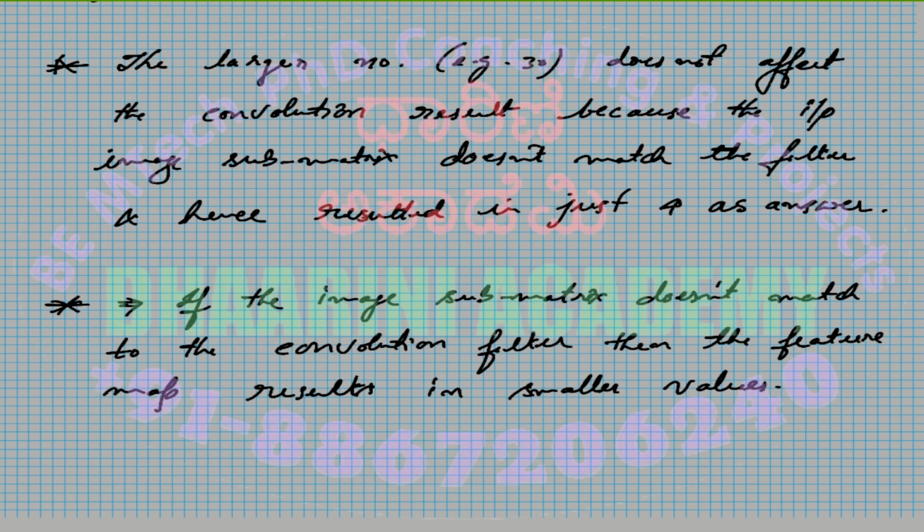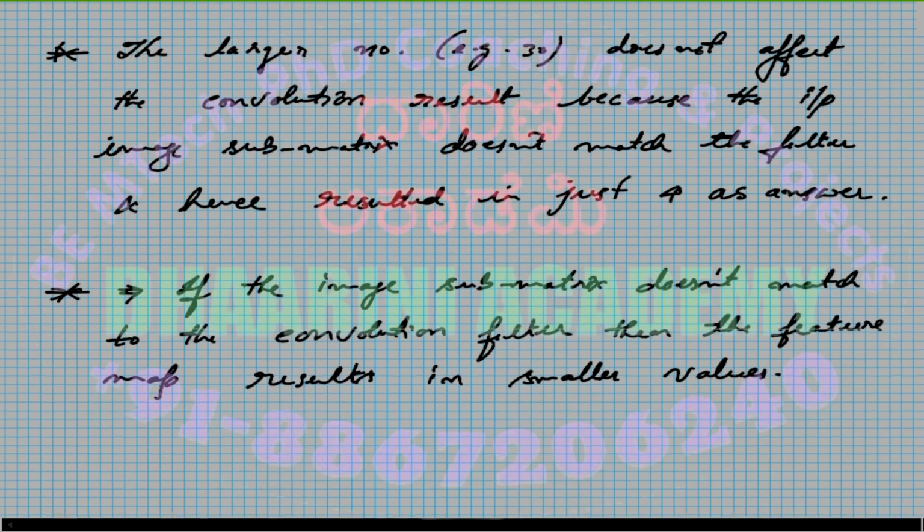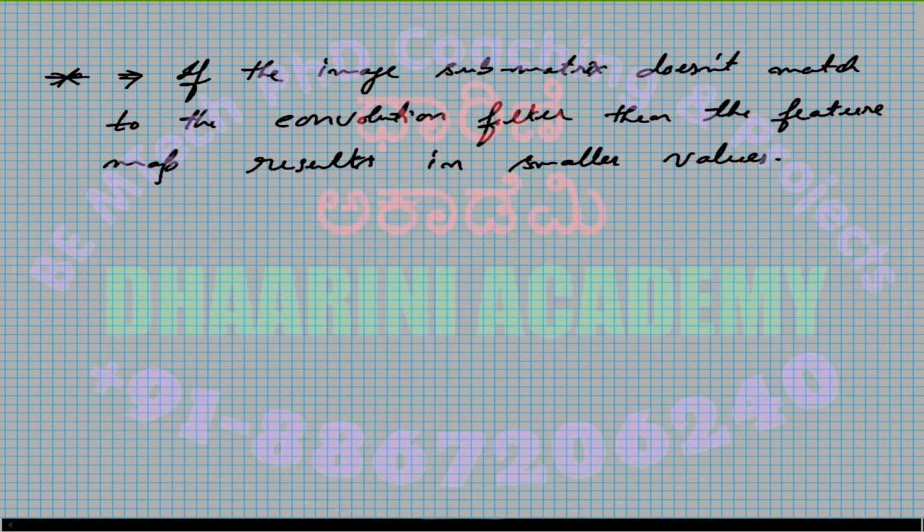Now in the very same manner, let us try to perform with another filter to check what exactly is going to happen. Will it result in something or not? Let's check. Now I want to do the following convolution. So the image is, I'll directly write, same image: 1 1 1 3, 4 6 4 8, 30 0 1 5, 0 2 2 4.